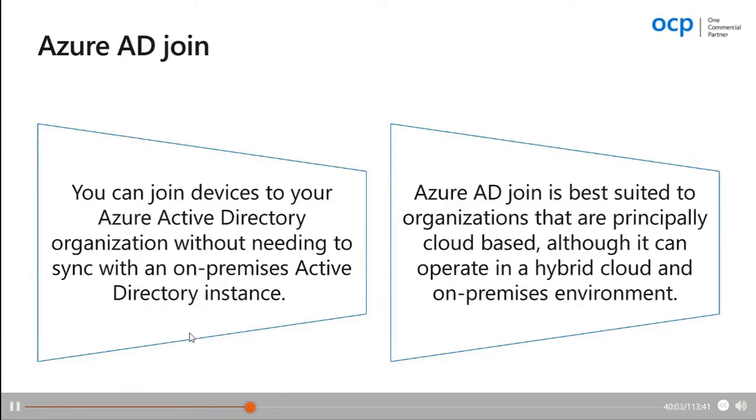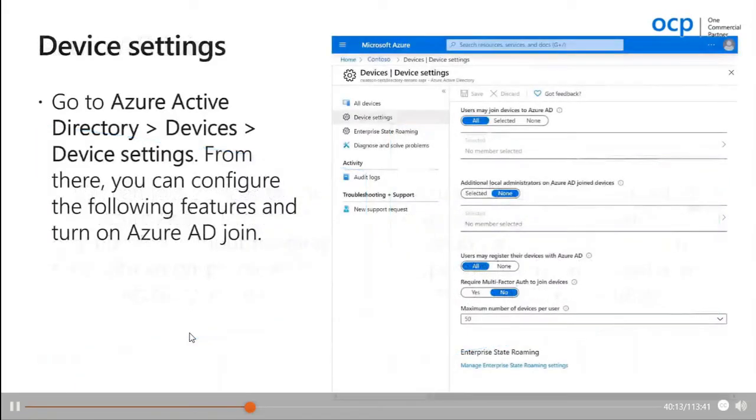Azure AD join, like we already saw before, I can join devices to Azure Active Directory without needing to synchronize with an on-premises Active Directory. Where can I do this? So basically, you go to Azure Active Directory, you go to devices and then device settings.